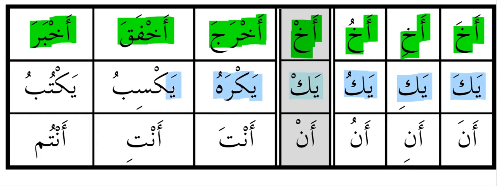And we have ya, and the kaf with the sukoon, si, bu, yaksibu. So we can hear the kaf, we don't pronounce it. Yaksibu. Moving on with the ya, and kaf with the sukoon, tu, bu, yaktubu.